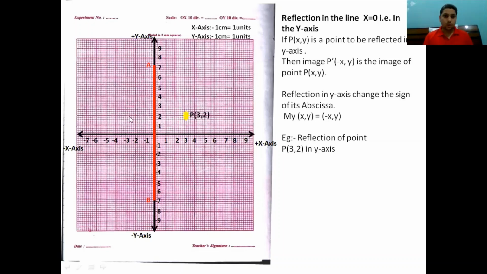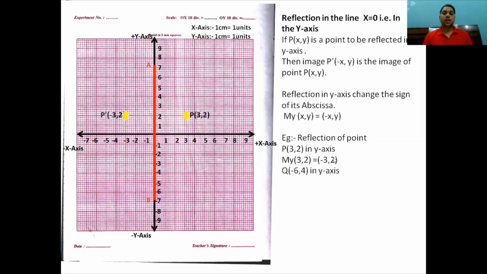This is the point where we have the image. So understand, the coordinate of this will be (-3, 2). So the reflected point has coordinates (-3, 2). Just change the sign of your abscissa in case the point is reflected in the y-axis.